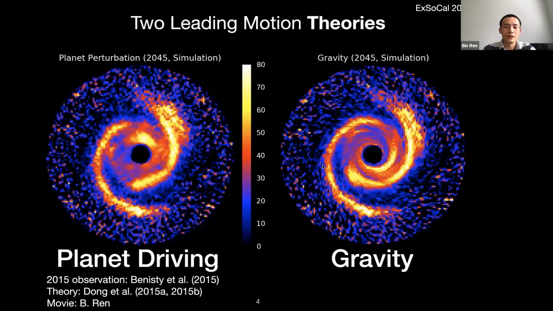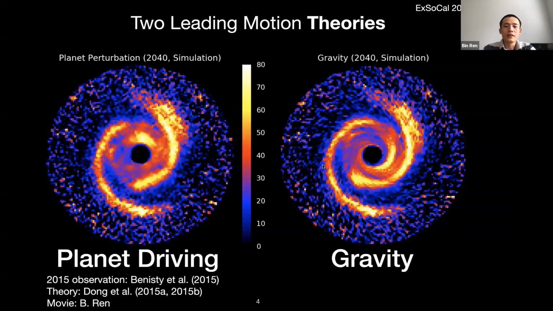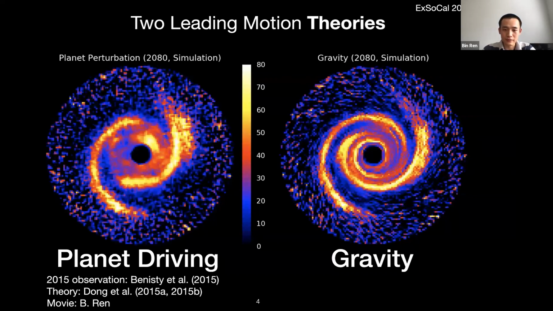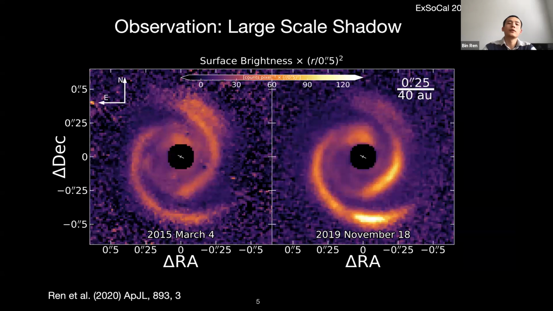And as a result, when you observe the spiral arms for long enough, you will see that they have distinct motions.